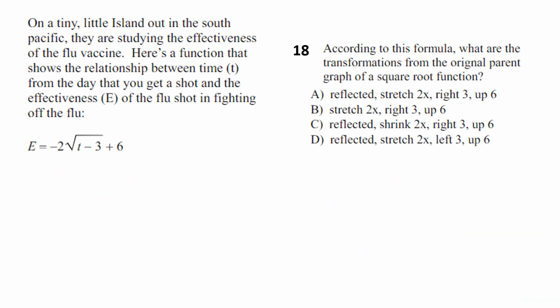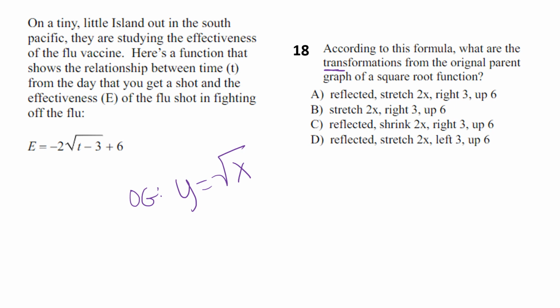All right, same question, Tiny Island, talking about effectiveness of the flu shot. Here's the question. According to the formula, what are the transformations from the original square root function? So the OG is y equals the square root of x. What are all the different things that we have? These are transformations, the last lesson you did Monday or Tuesday of this week.